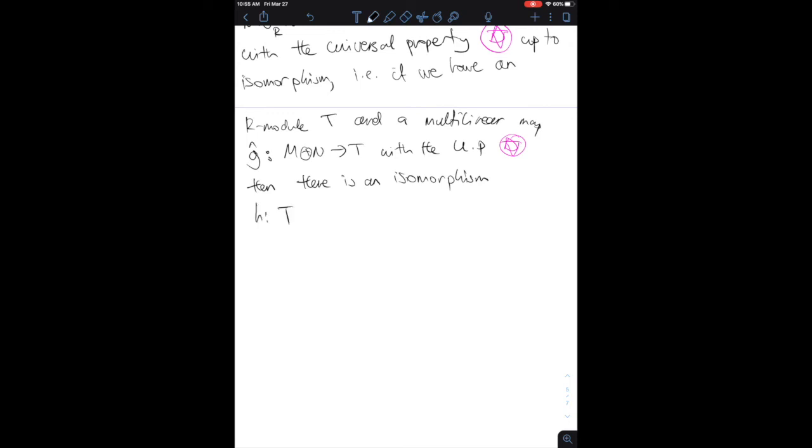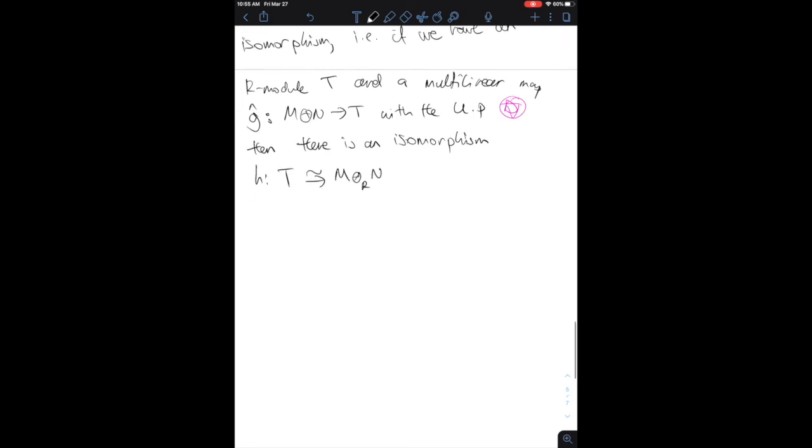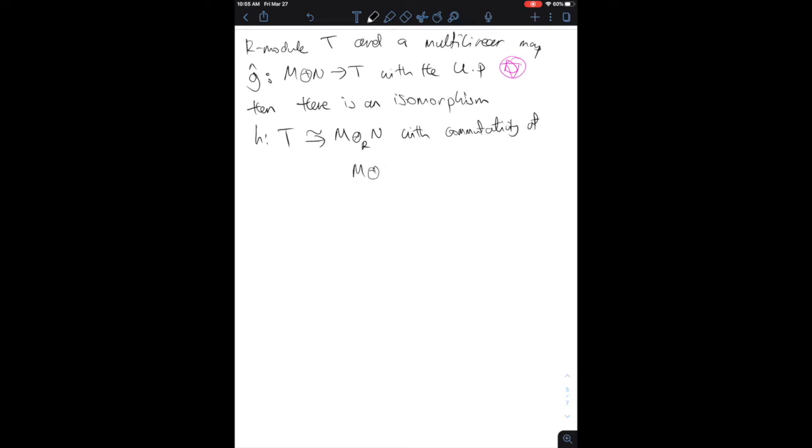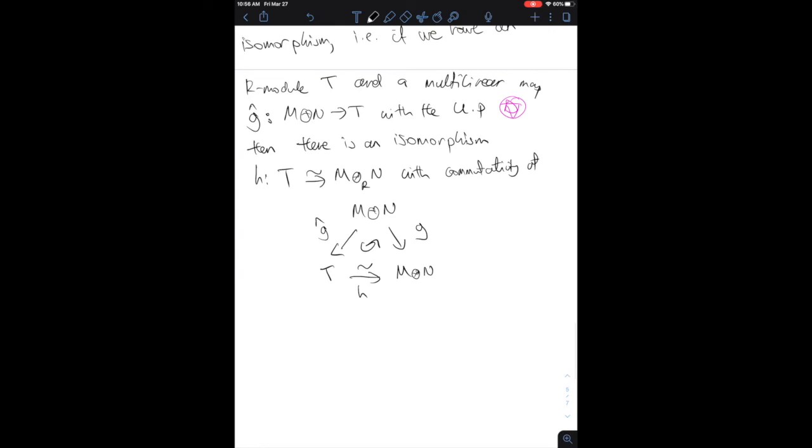H from T to M tensor N, giving commutativity of the diagram M plus N goes to T like this.